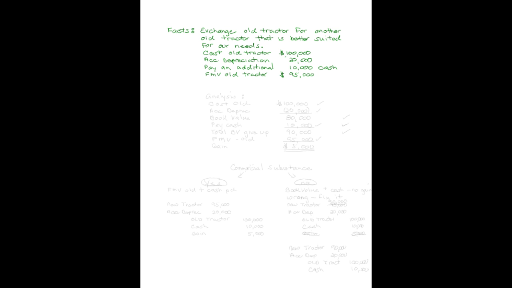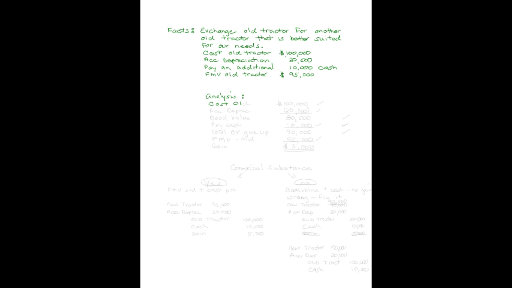I'm going to do this transaction showing commercial substance and lacking commercial substance, so you can see them and compare. As always, I like to start in a journal entry with an analysis of the situation, so let's do that. We have the cost of our old tractor.